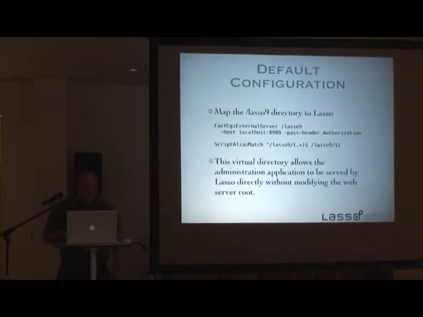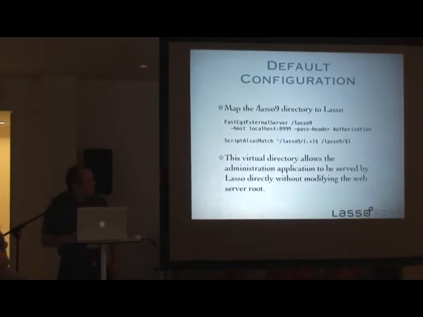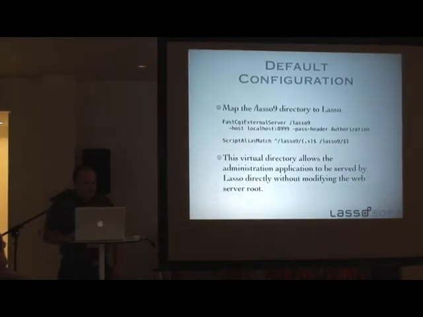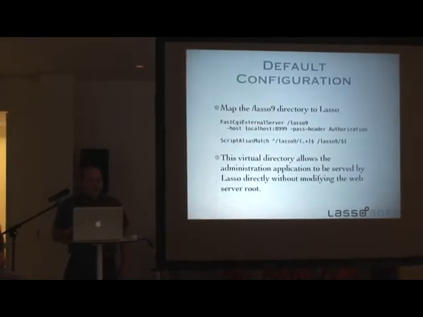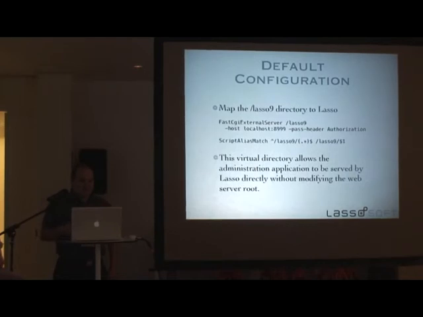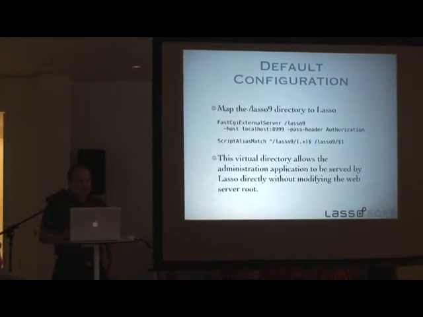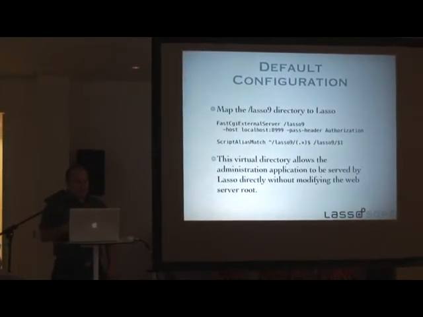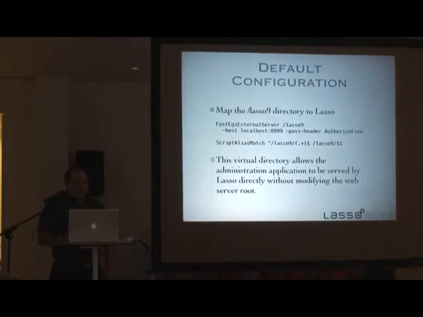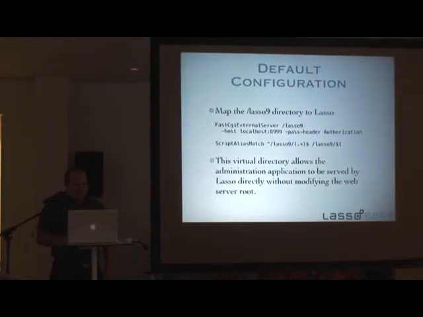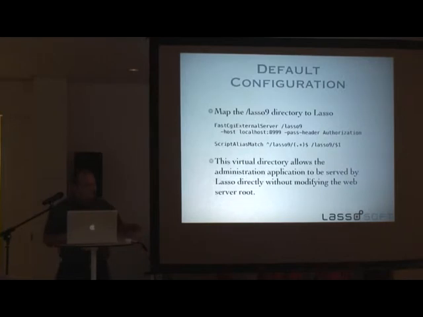Then below that, we have a couple more fast CGI configurations. Here we're defining a server called Lasso 9, and we're telling it what port we're running on. Then the script alias match is going to redirect traffic to this Lasso 9 folder to our fast CGI server.